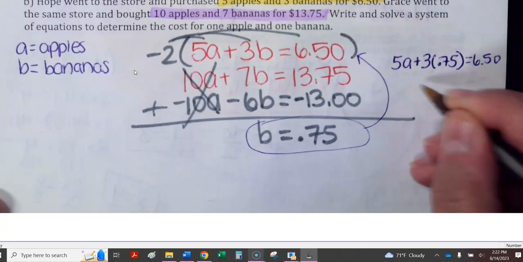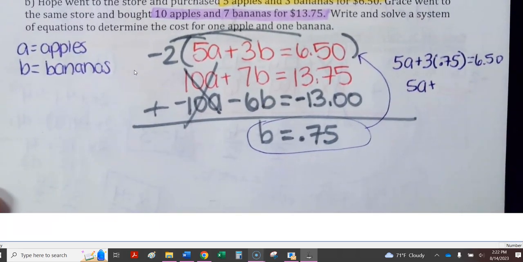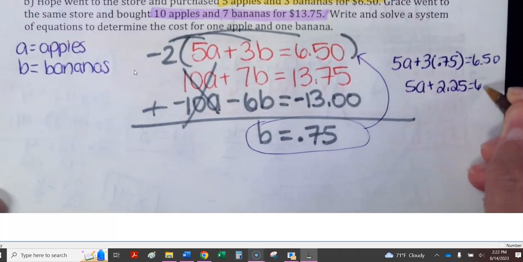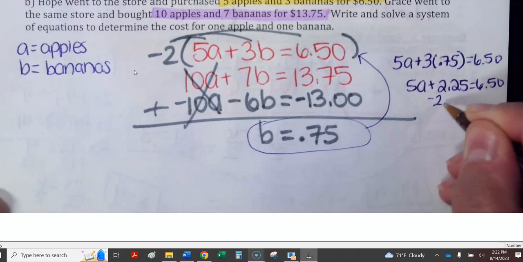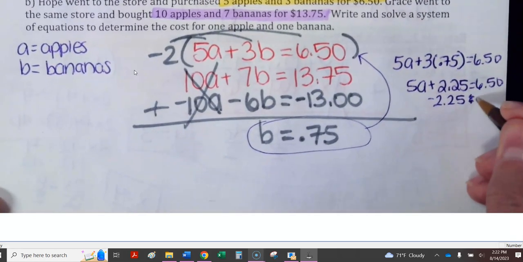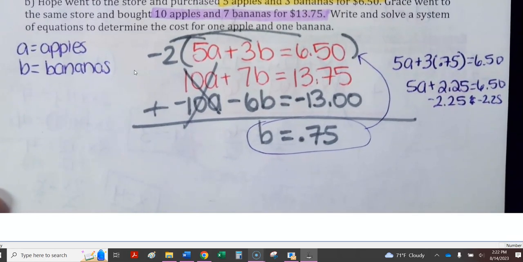Okay, so I've got 5A plus, let me see what that is, 3 times 75 cents. This is 2.25, 6.50. I'm going to subtract the 2.25 here. Whoa, I don't know why I just put an equal sign. All right, 6.50 minus 2.25 is the number.